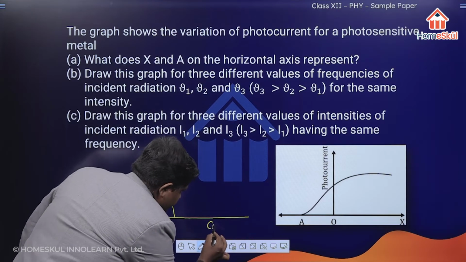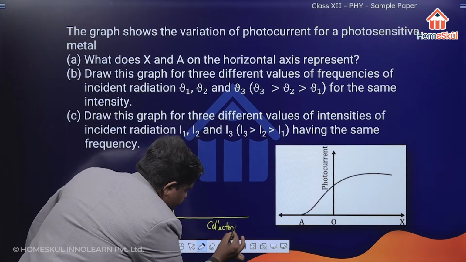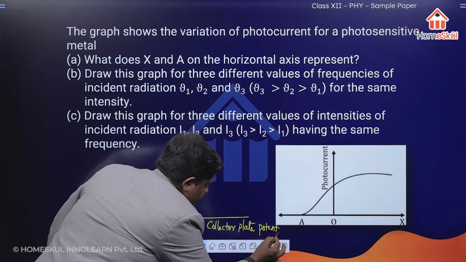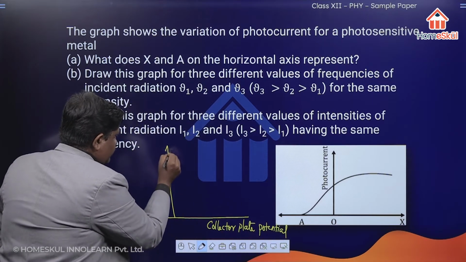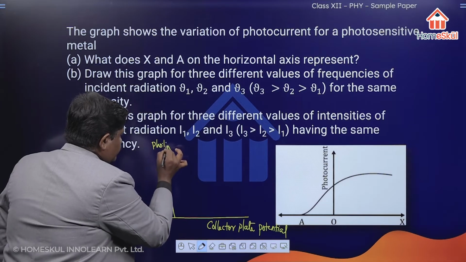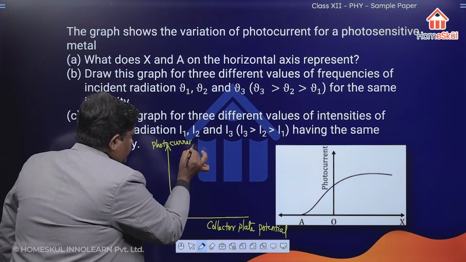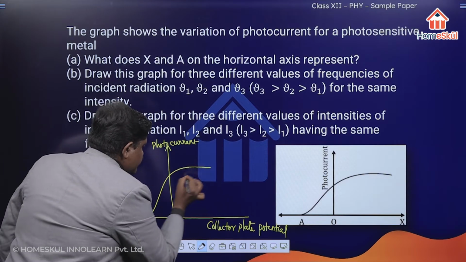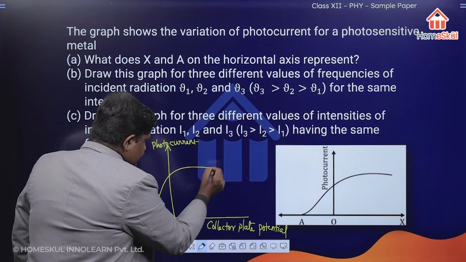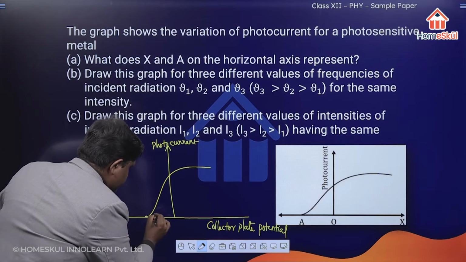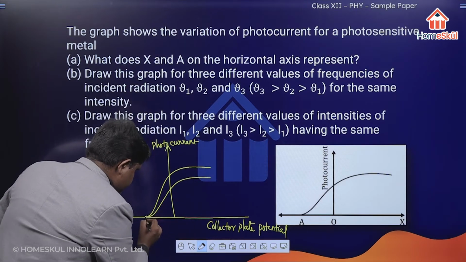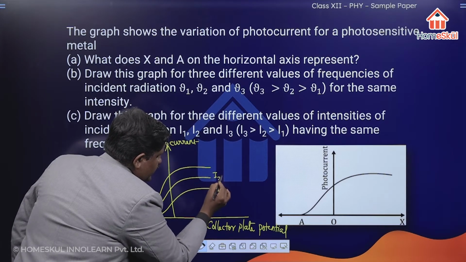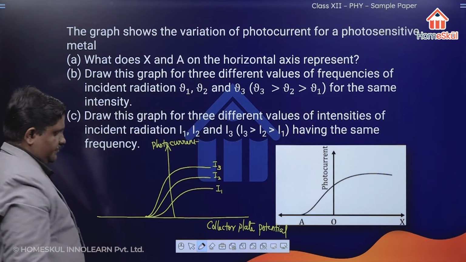This is the collector plate potential, and this one is the photocurrent. Then the graph is like this, for the first, second, and third intensity: I1, I2, and I3.